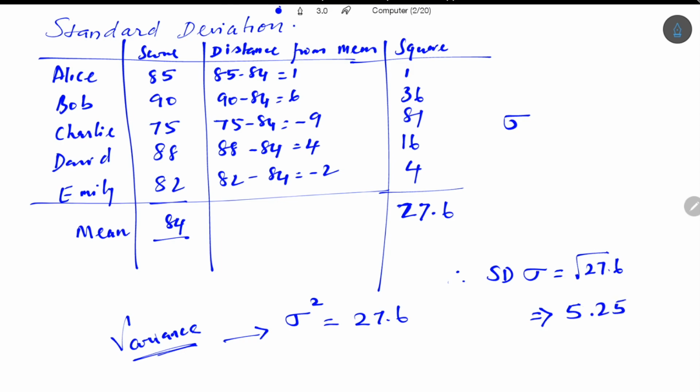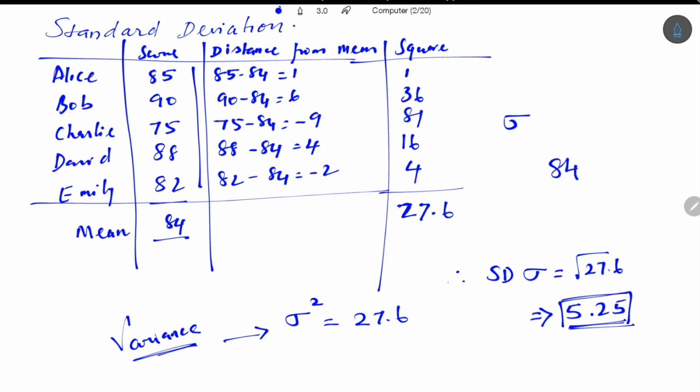So the standard acceptable distribution of these data is 5.25. This is the standard deviation. That means for this class, the average is 84 and the standard deviation is 5.25.